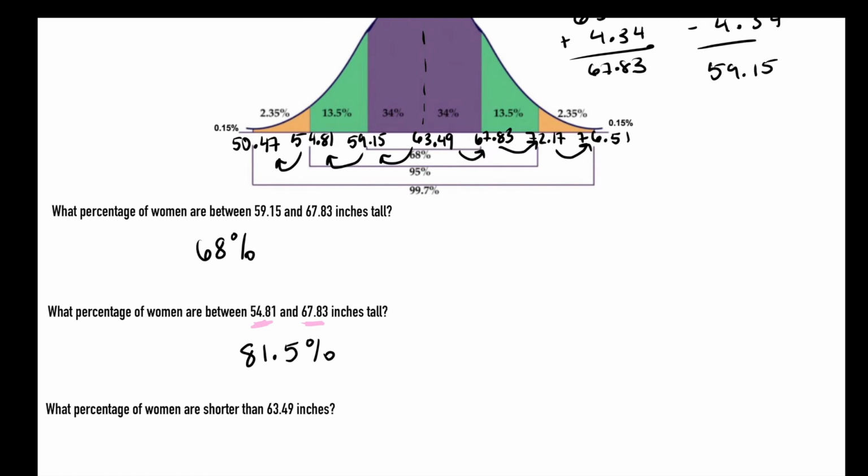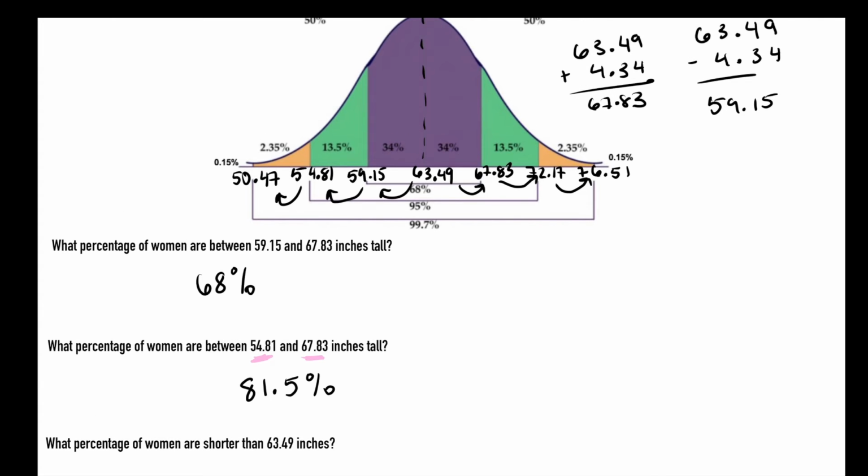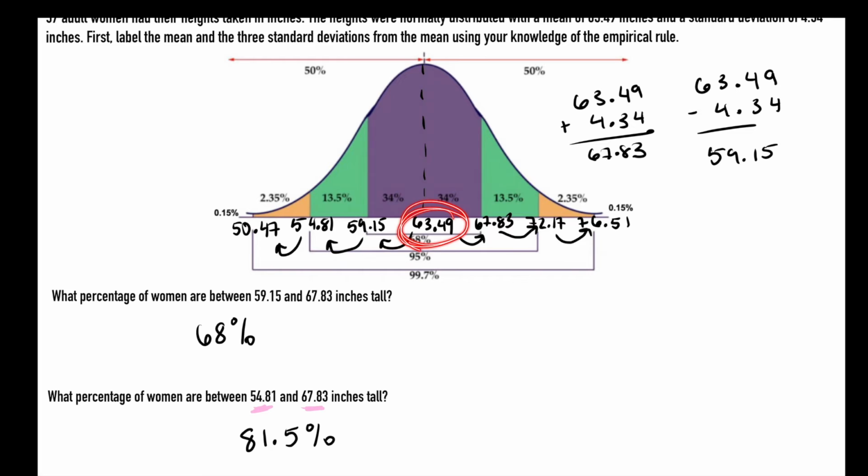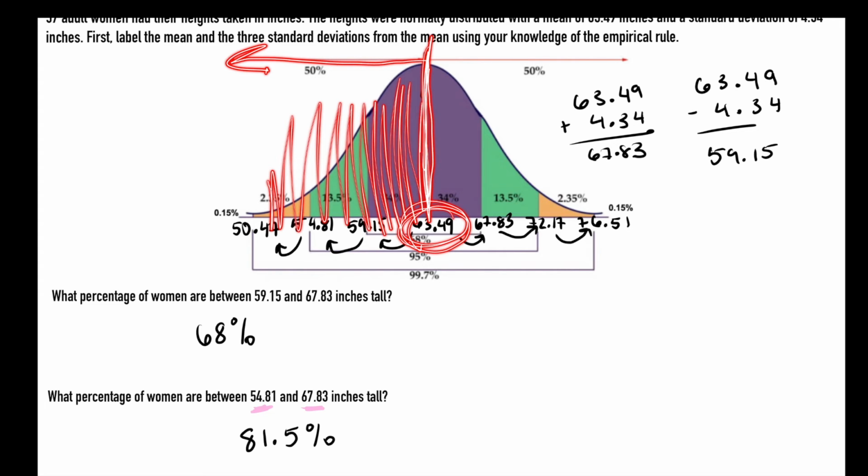Let's do the next one. What percentage of women are shorter than 63.49? Locating 63.49, I want to know what percentage of the women are shorter, that's everything to the left of the mean. And if the mean is directly in the center, that means exactly half of the data, 50%, will be to the left of the mean.